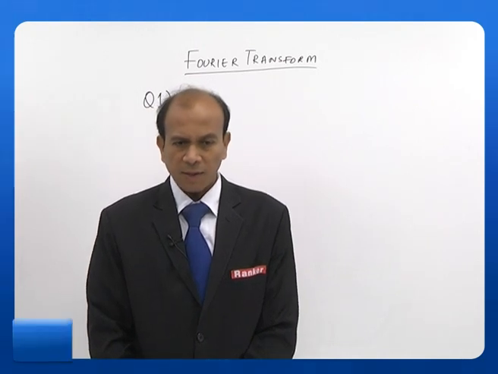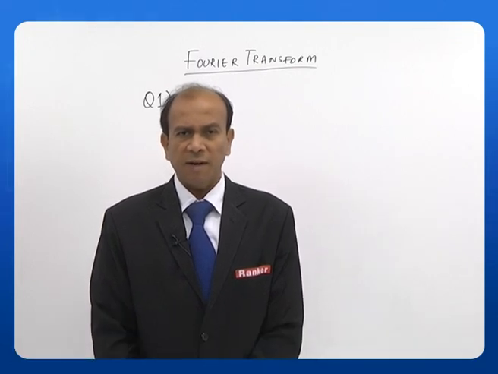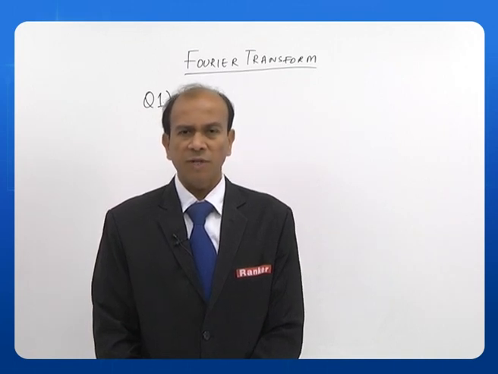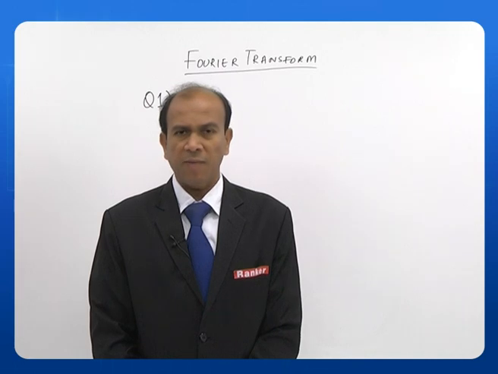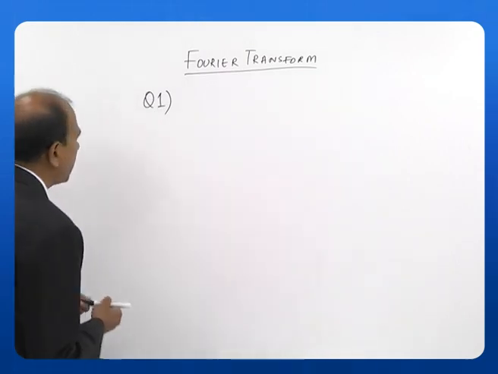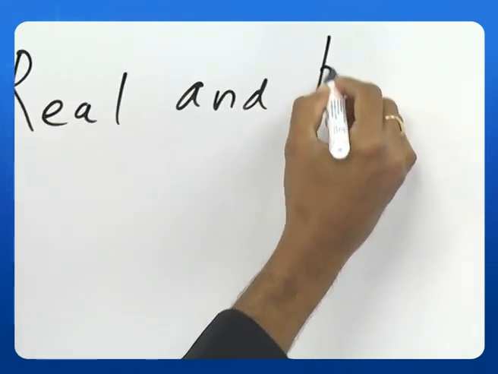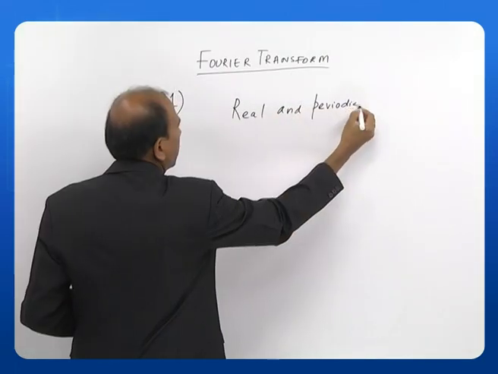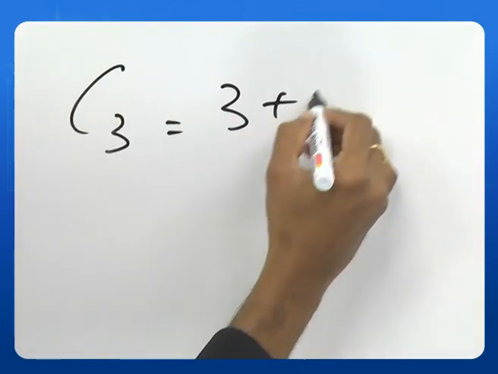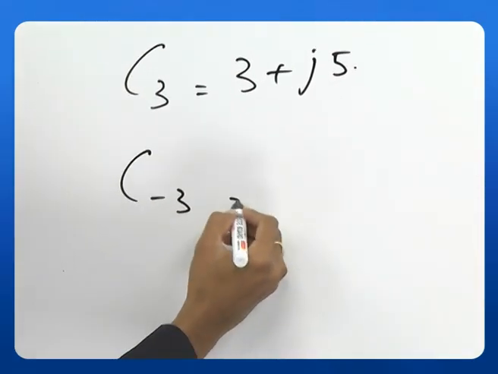So, the significant points in this question are that the signal is periodic and also real. Then one coefficient, C3, is given as 3 plus j5, and we are asked to find C minus 3.